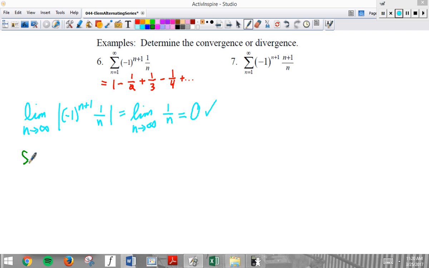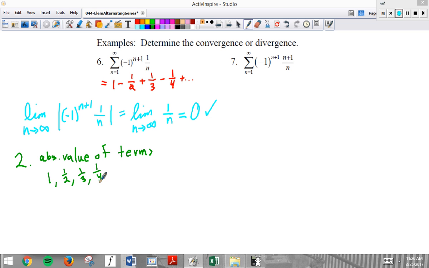Second, part 2. Let's think about the terms. So the absolute value of the terms. And I'm not going to write this out ever again, but the absolute value of terms would be like 1, 1/2, 1/3, 1/4.